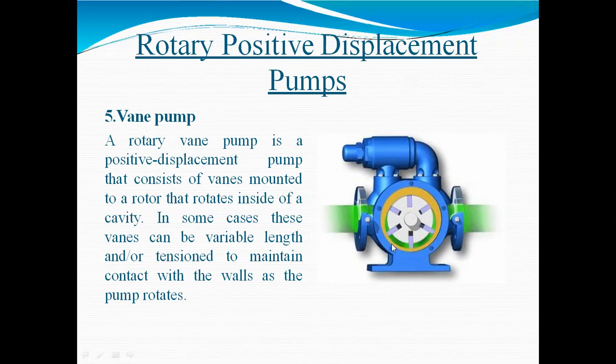The green color shows the oil trapped between two vanes. This slotted portion is called the vane, and the black portion is the spring located to extend that particular vane towards the outside. Once your pump starts rotating, these vanes make continuous contact with the outer periphery or casing, and the trapped oil will start moving towards the discharge port.